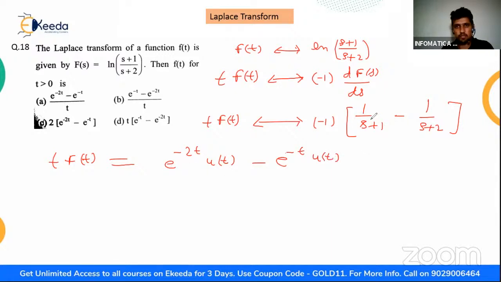This minus I have taken inside. So now f(t) we can easily say is e power minus 2t minus e power minus t divided by t. So A is the correct answer.